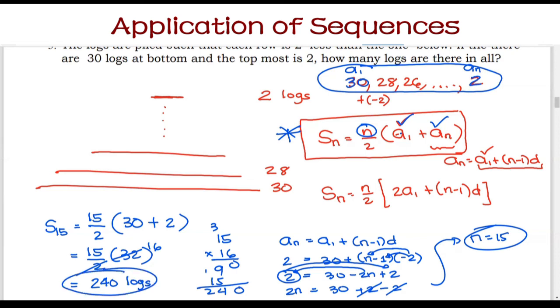Okay? So, pwede niyong i-check kung 240 nga. Ganito ang gagawin ninyo. 30 plus 28 plus 26 plus 24 and so on. 15 terms 'to, okay? Plus 2. Kailangan ang makuha ninyo ay 240 rin.